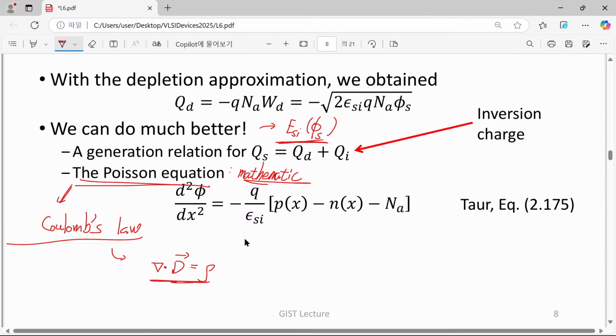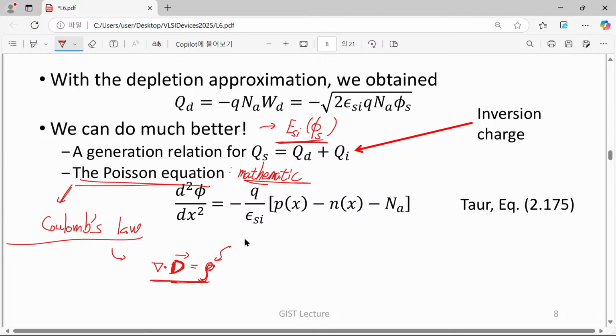If we have net charge density, then that is working as a source of displacement vector. If there is no net charge density, then there will be no displacement vector.